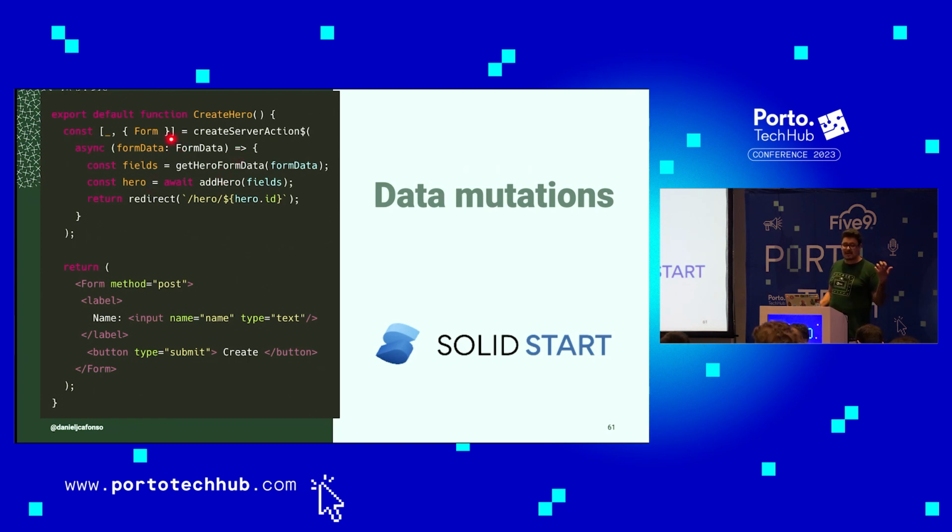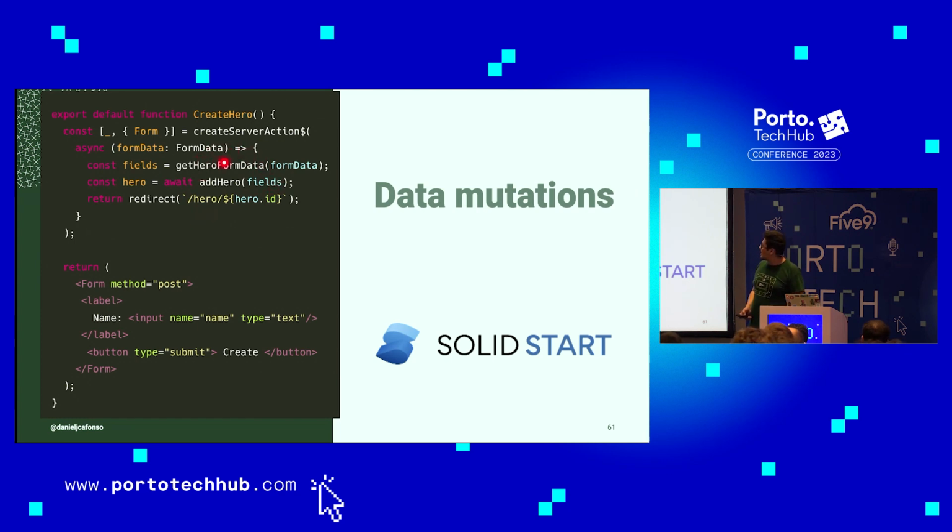Because that's what happened back in the old days. There was no need for state management. We don't need to track this thing in some sort of state. Once this thing is submitted, the request gets the form data, sends it back. The server action gets the form data, the structure of the form data from the HTTP request, and then you can use it to do whatever you want.